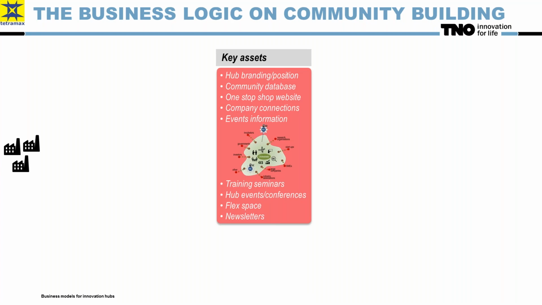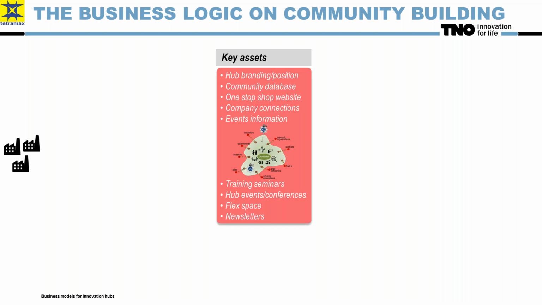So, just two examples on the business logic. This is about community building, which is one of the services. Community building is about getting some kind of community with the customers on one side, the left side, and the innovation hub actors on the other side.